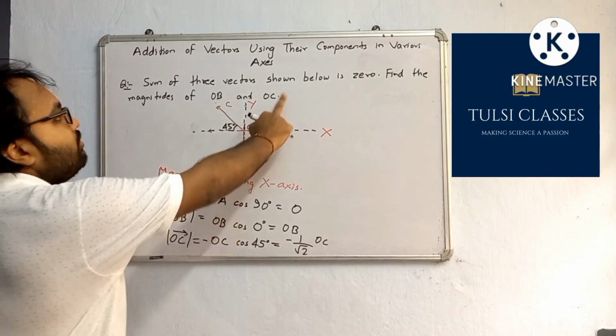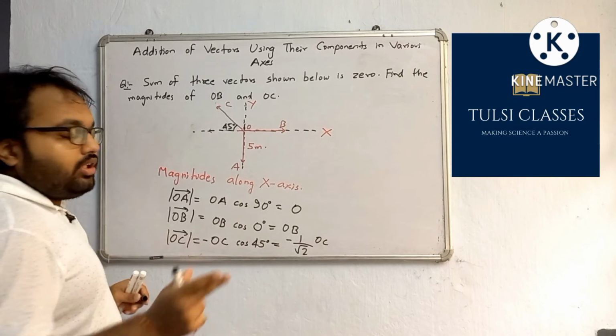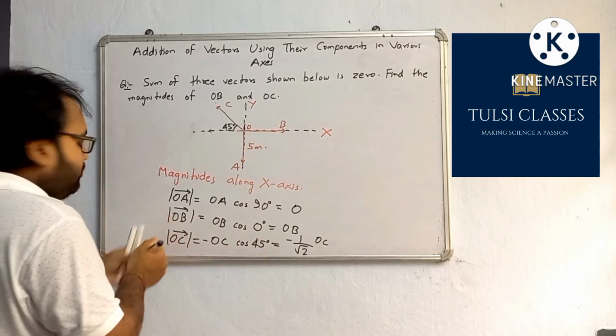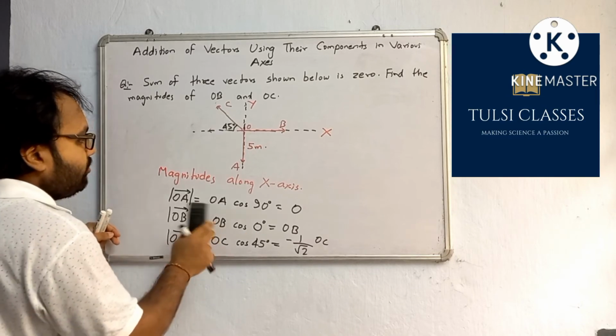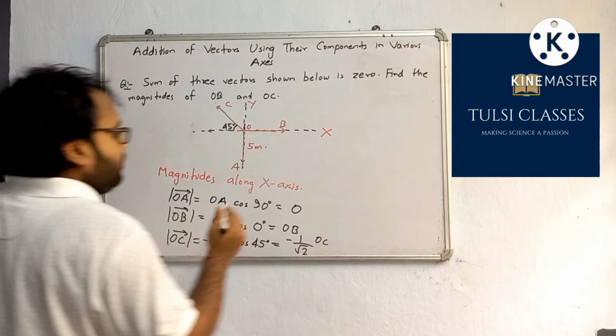Now, as I told you, the sum of the 3 vectors is 0. So in the x-axis, their components will also sum to 0. Let me write it here, on the right side.